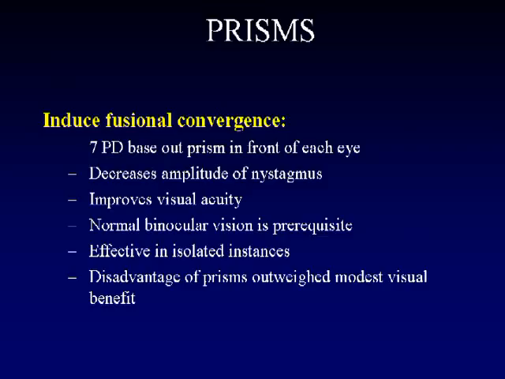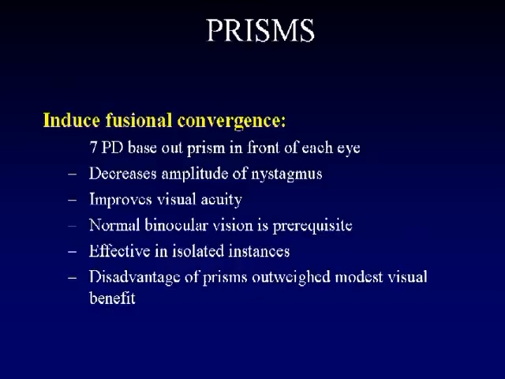You can induce fusional convergence and see whether the person is going to be better after the surgery, base out for the lateral rectus recession that you're planning, or medial rectus recession that you're planning, so that you can induce a little bit of convergence.